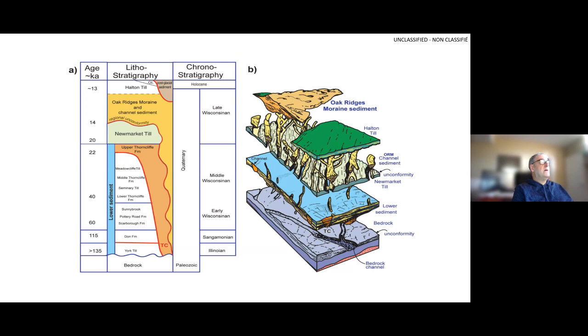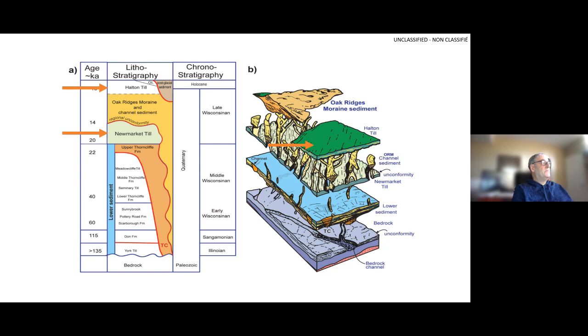So here is the famous Dave Sharp's sketch of the structure. We are looking for groundwater aquifers, and we see here the Oak Ridges moraine channels and the moraine on top that are potential for aquifers. Then we have the aquitard, Newmarket Till.